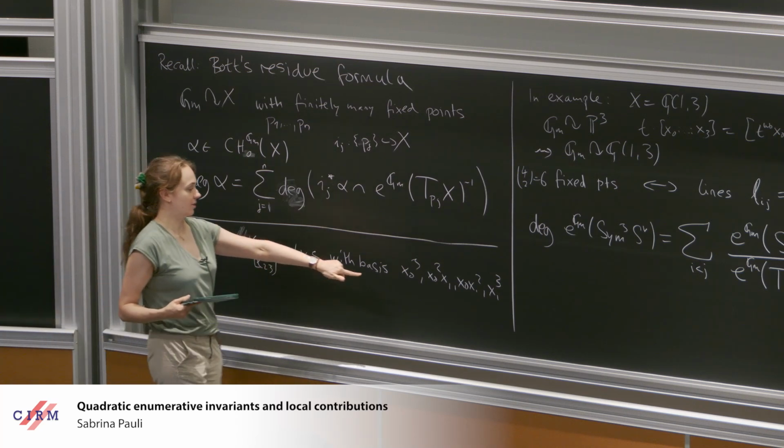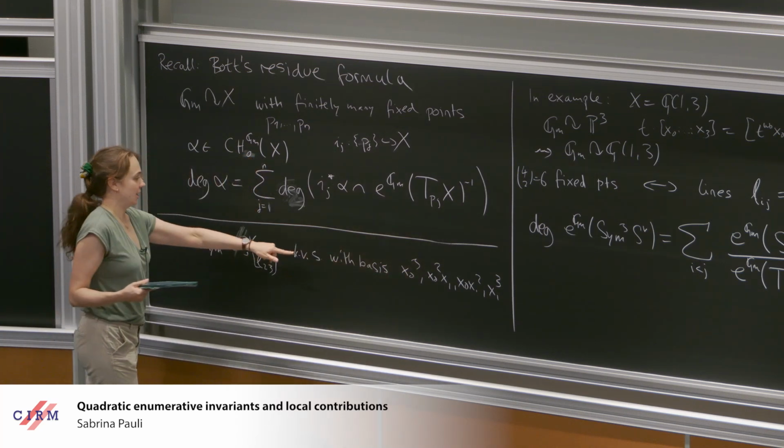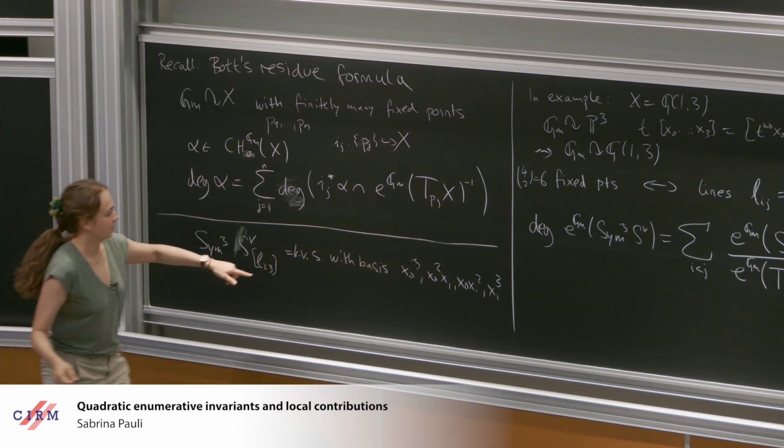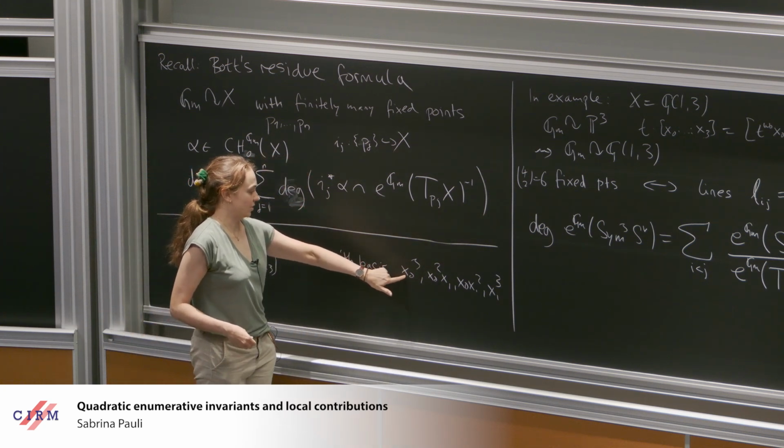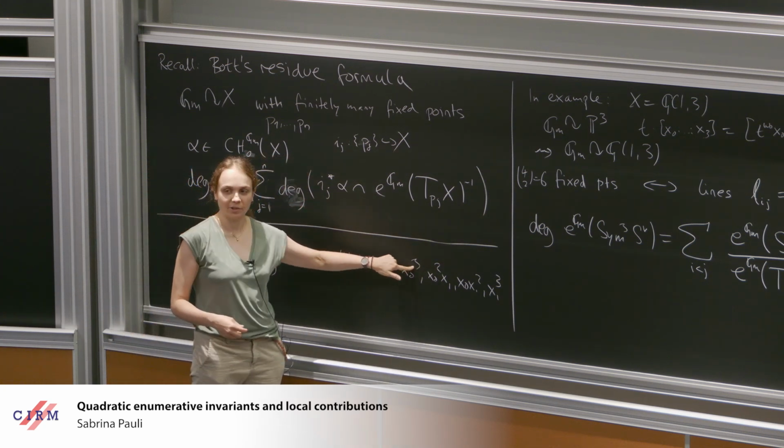So we have a 4-dimensional vector space, and we have a G_m action on it. But actually, the vector space just generated by x0 to the 3, for example, is invariant.